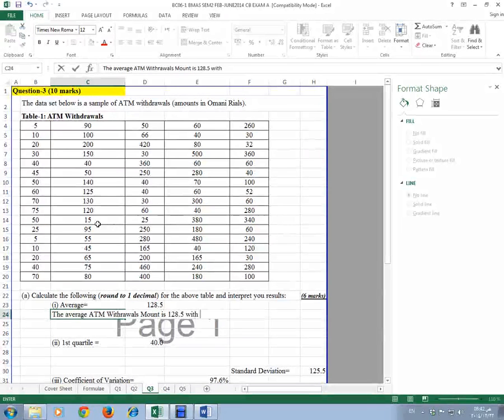with standard deviation of 125 money reals, with a variation of 97.7%.